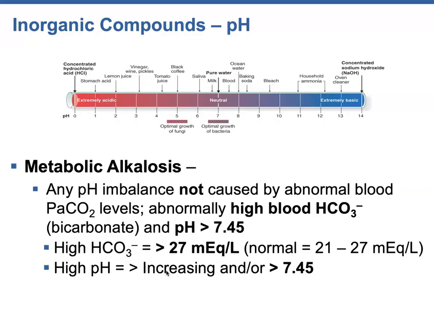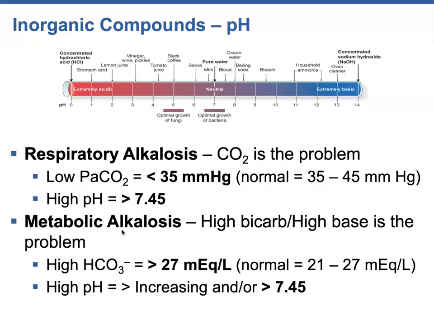And again, in the field, you are not going to be measuring the pH. All you're going to know is, hey, this person's either exhaling enough carbon dioxide or not enough carbon dioxide. When we get to how this works in terms of the respiratory rate and the respiratory equation, it'll make a little bit more sense. But for right now, what I want you to remember is respiratory alkalosis.